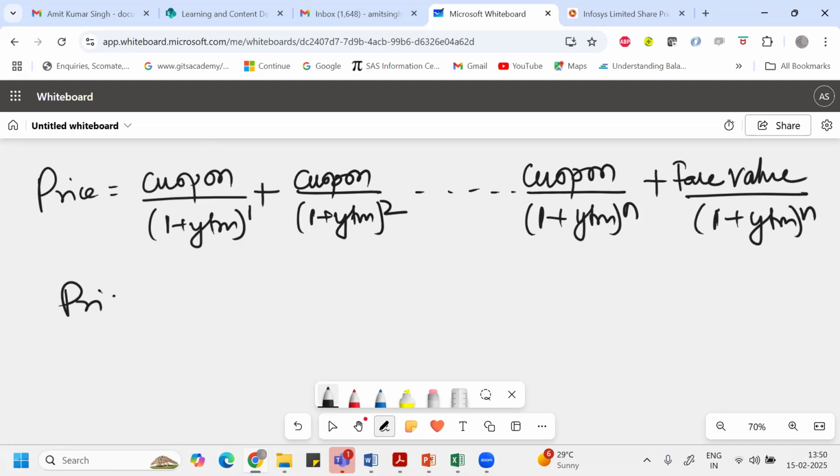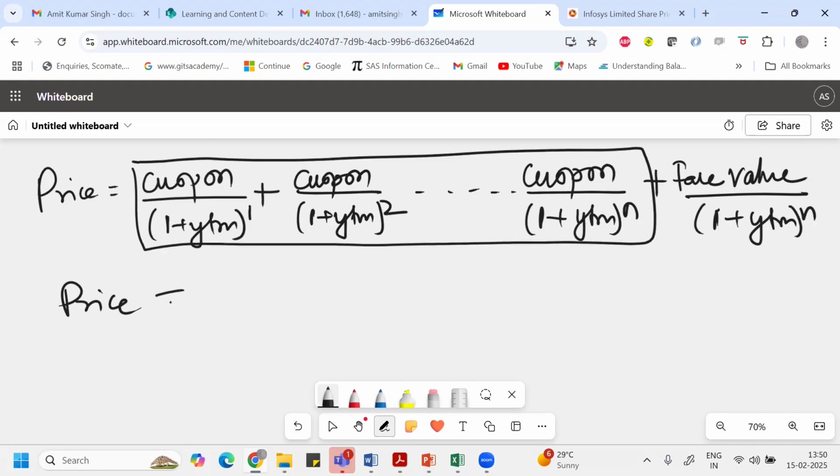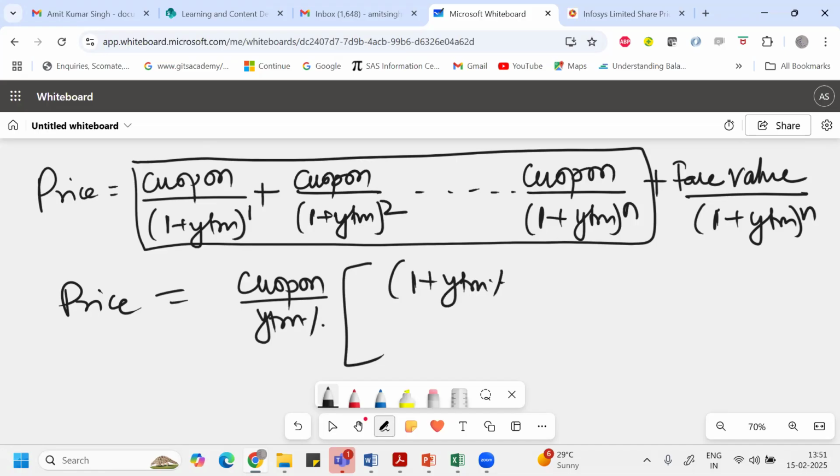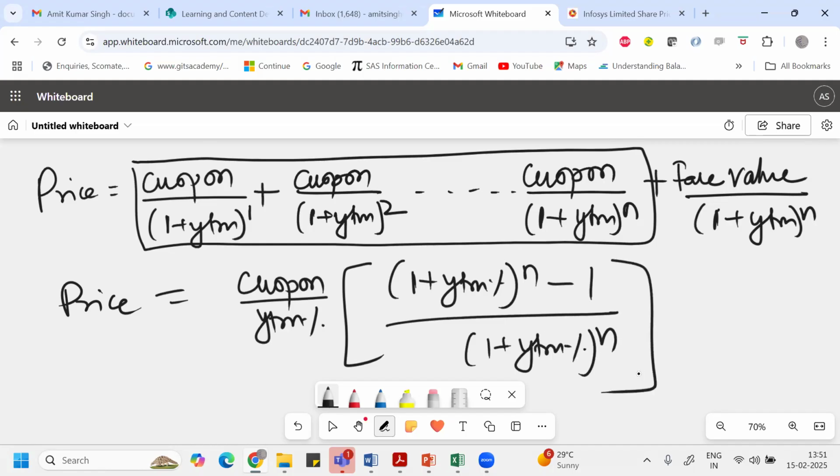Or you can use the formula. You can consider this as the present value of annuity. So this is equal to coupon divided by yield till maturity, into 1 plus yield till maturity to the power n minus 1, whole divided by 1 plus yield till maturity to the power n, plus face value divided by 1 plus yield till maturity to the power n.